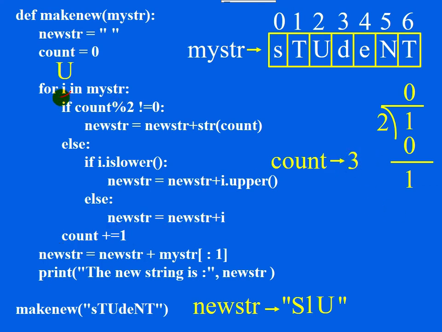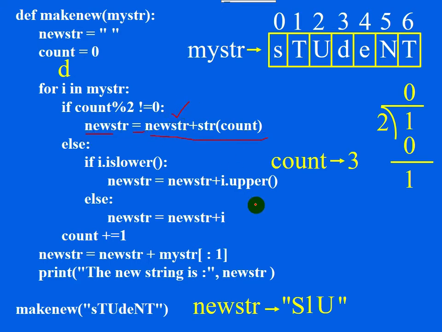Again for loop, I takes the next character in the range. What is the next character? It is D. What is count now? It is 3. So what is 3 modulo 2? When you divide 3 with 2, remainder 1. 1 not equal to 0. Yes, condition true. So this will be executed. Assignment operator, right hand side assigned to left hand side.